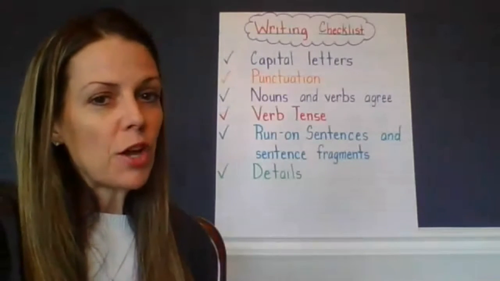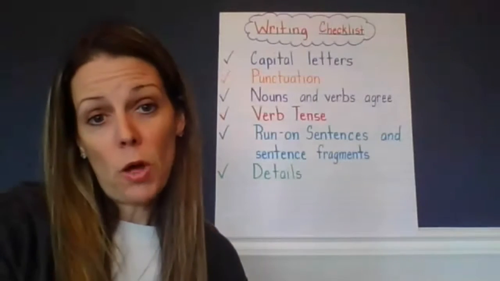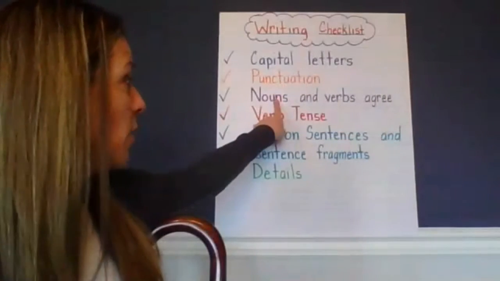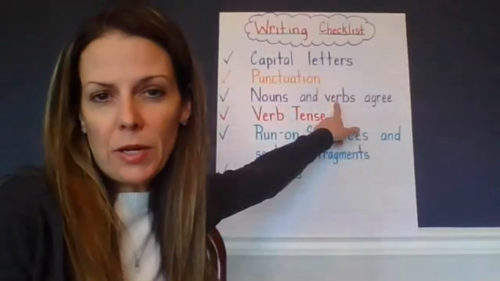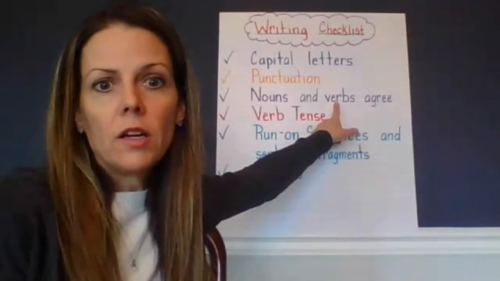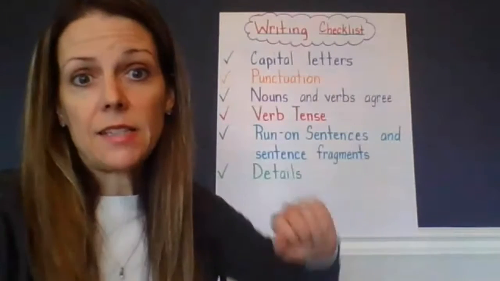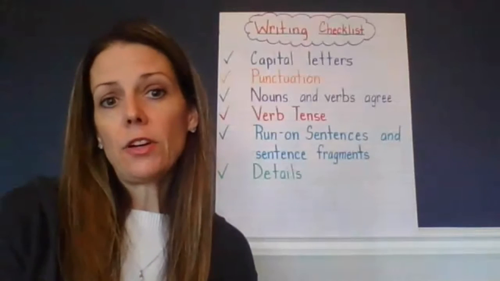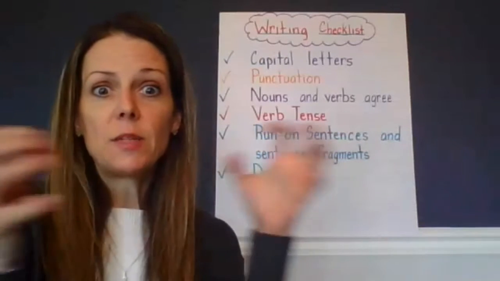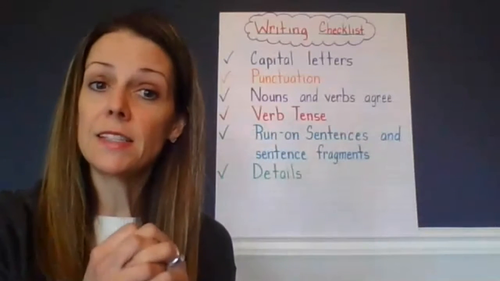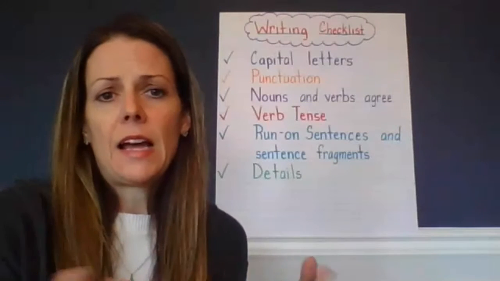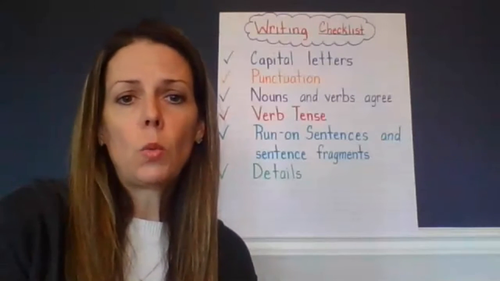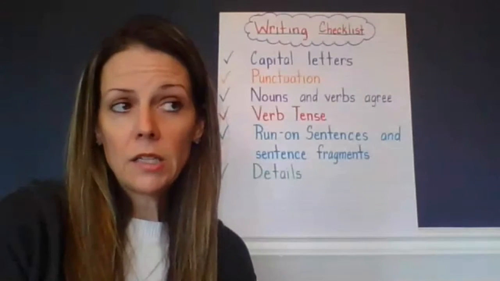Nouns and verbs agree. I'm hoping that you all remember a noun is a person, place, or thing, and a verb is pretty much an action, like what our noun is doing in the sentence. When I say that they agree, I always say that they have to be friends for our sentences to make sense. So when you're reading, did I say the girl walk in the park?